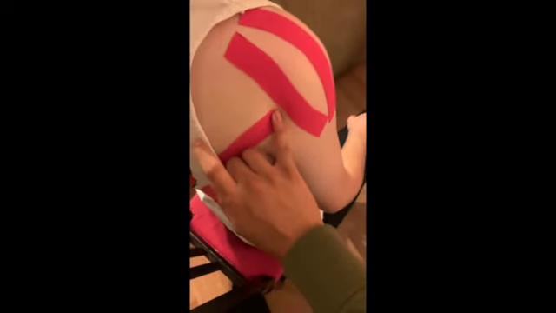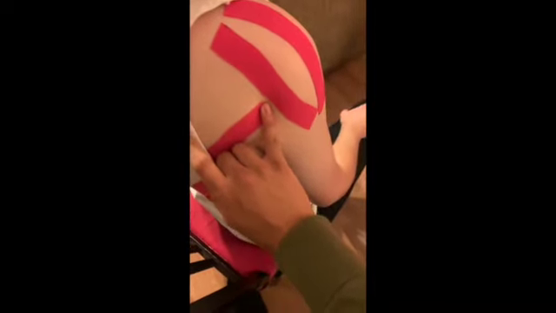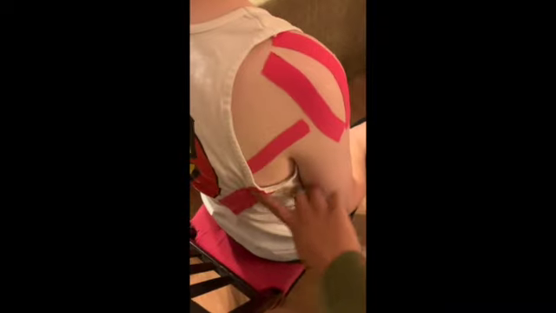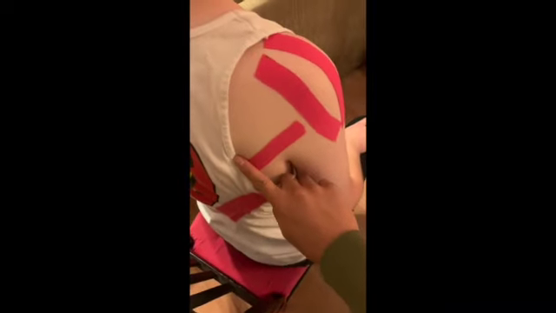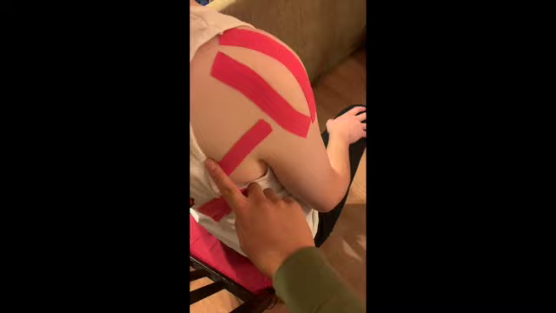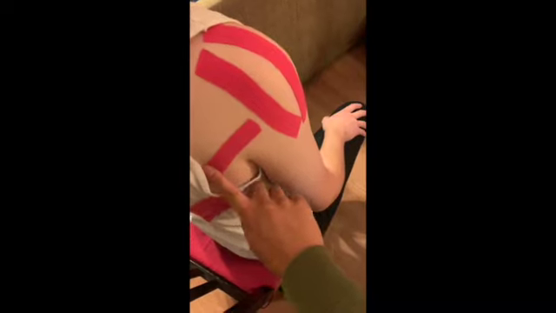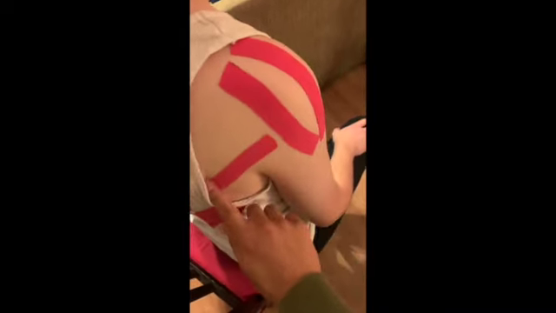The insertion is the crest of the lesser tubercle of the humerus. Next, the line of pull of the teres major is going towards the origin.